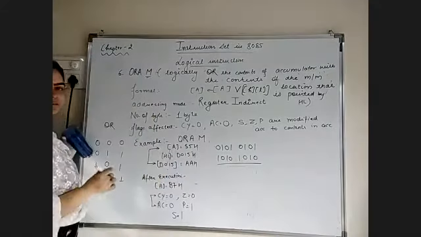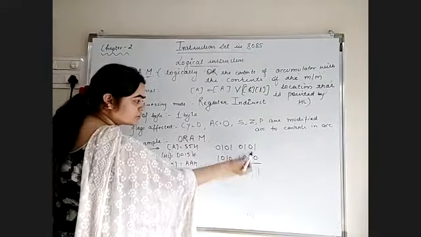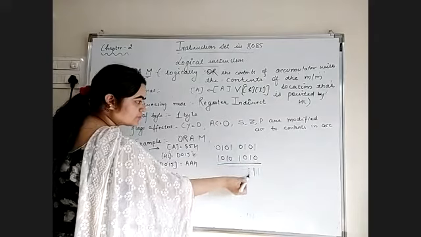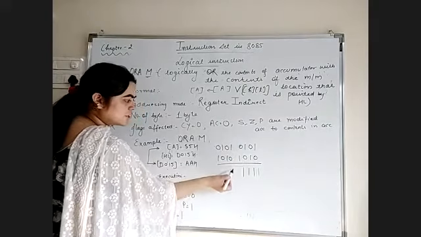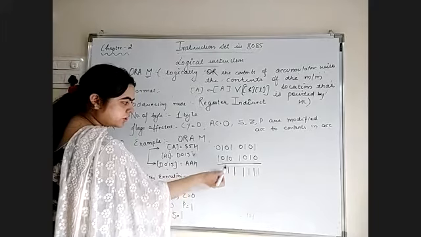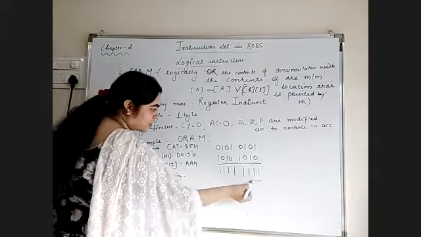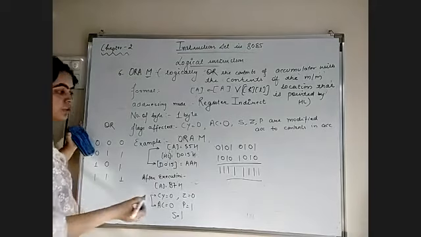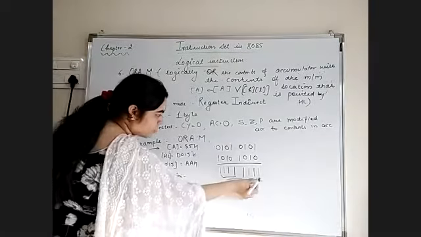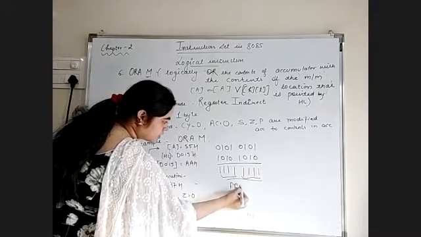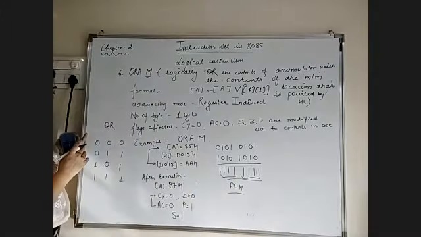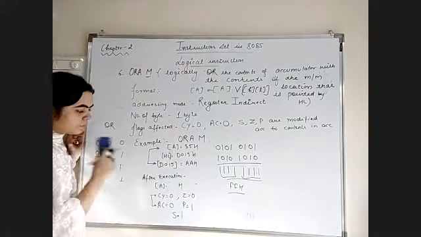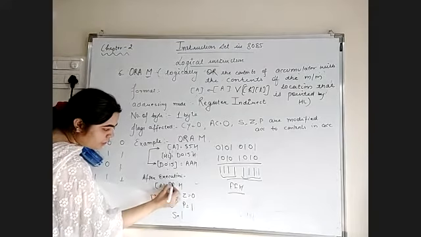Now see, 1 or 0 is 1, 0 or 1 is 1, 1 or 0 is 1, 0 or 1 is again 1, and so on, again 1, again 1. So what will be the output after the execution of this instruction? This is F and this is also F. So after the execution the result is FFH, and this result is updated in the accumulator also.